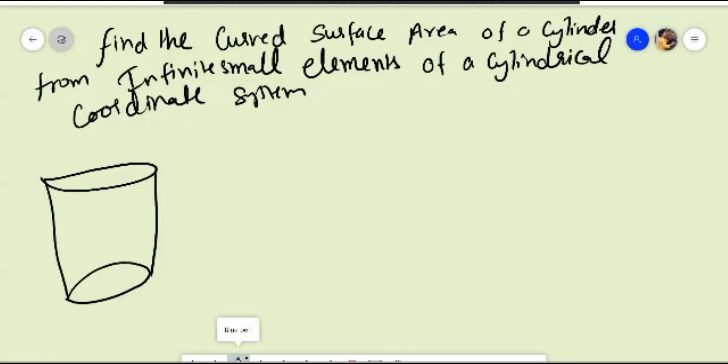So what is the curved surface area? Let's take a small patch or a small portion of the curved surface area. This is the small portion of the curved surface area of a cylinder. Now we have to identify what the values of this are.